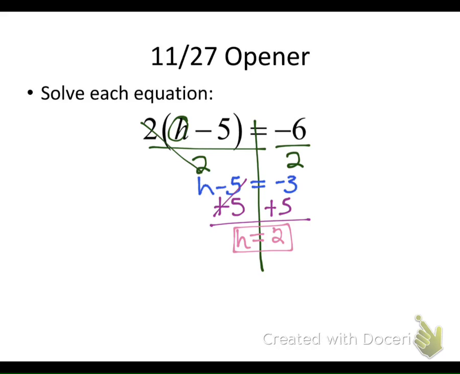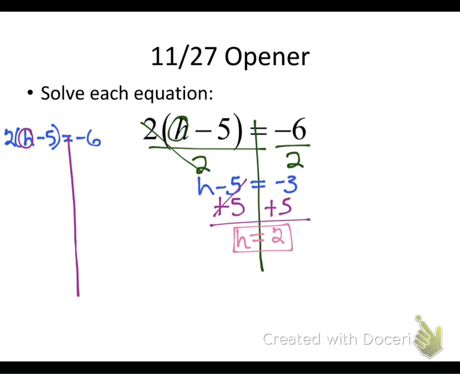Okay, here's another way to solve it. I'm going to do it off to the left here. So I have 2 times h minus 5 equals negative 6. In today's lesson, we're going to solve or simplify by using distributive property. Mr. Carlos and Mr. Nimmons called it the rainbow method last year, but it's distributive property.